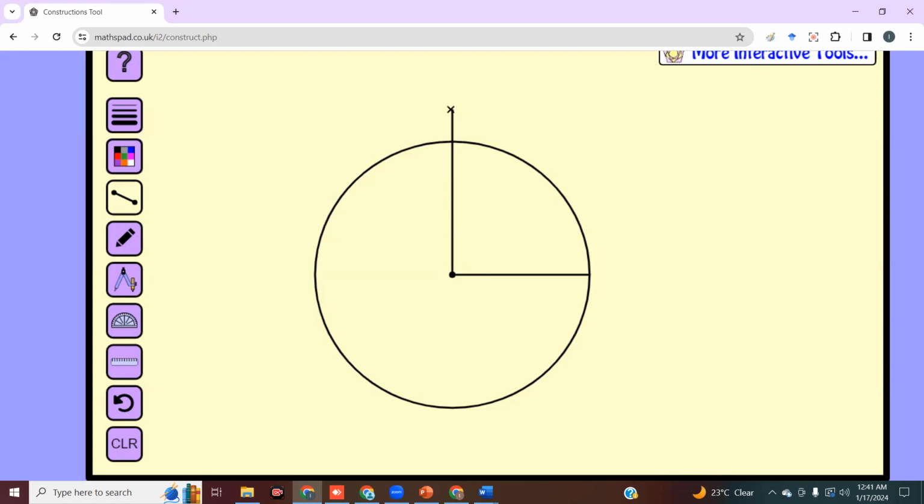You don't want to have the line overlapping the circle. Let's denote that it's 90 degrees by putting a box. All right. And so this is 90 degrees right now.